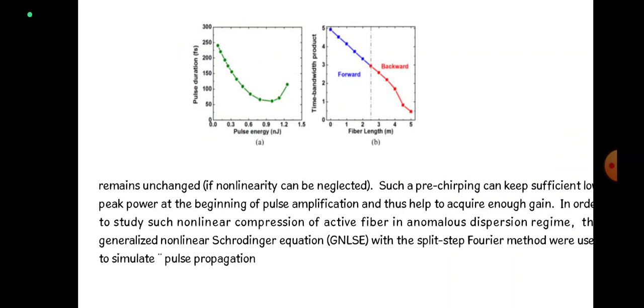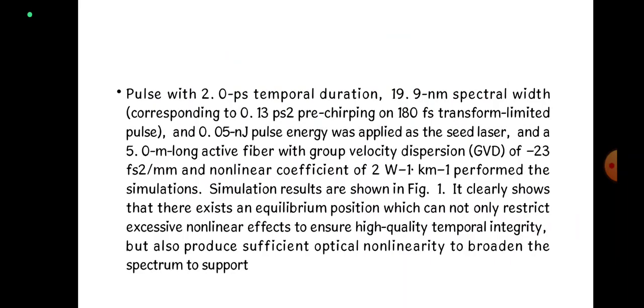The generalized nonlinear Schrödinger equation with the split-step Fourier method was used to simulate pulse propagation. Temporal duration, spectral width, and pulse energy were applied for the seed laser, and a long active fiber with group velocity dispersion and nonlinear coefficient performed the simulation.